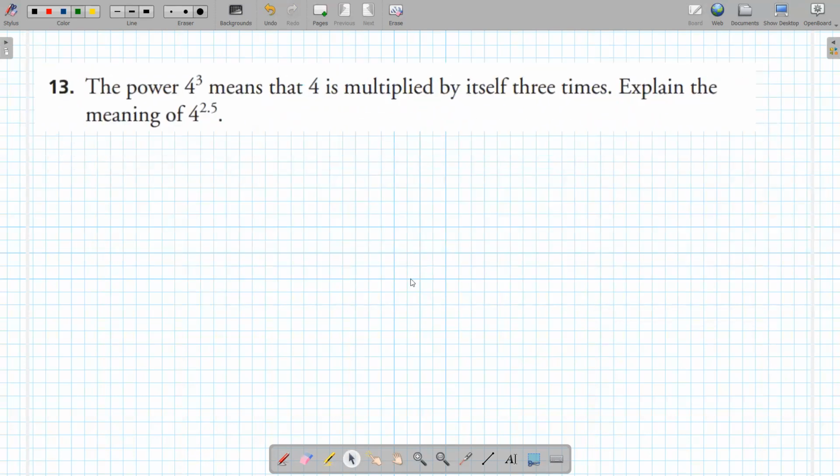What about this? Power of 4 cubed means you multiply 4 by itself 3 times. What's the meaning of 4 power 2.5? So this is a communication problem.